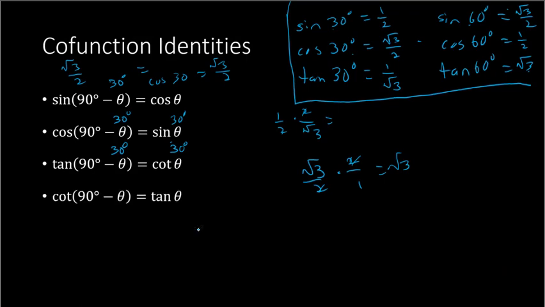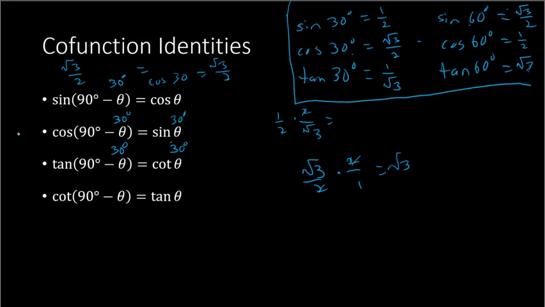Now the next one is going to be the inverse, or the backwards, of the tangent one. So we can also say the cotangent of 90 minus theta would equal tangent of theta. So we can just kind of switch those around. And then just like sine and cosine were related, we can replace sine with cosecant, and then cosine with secant.